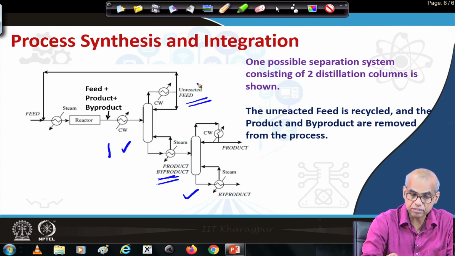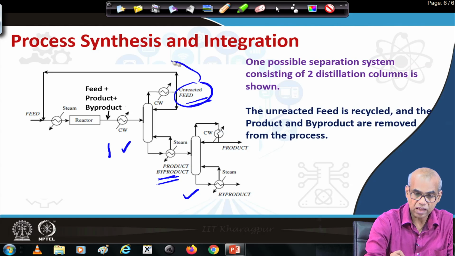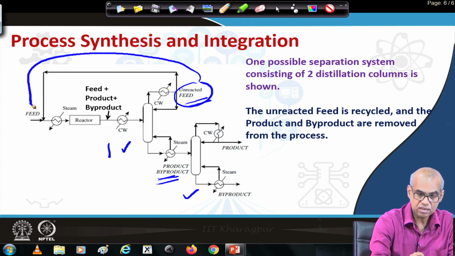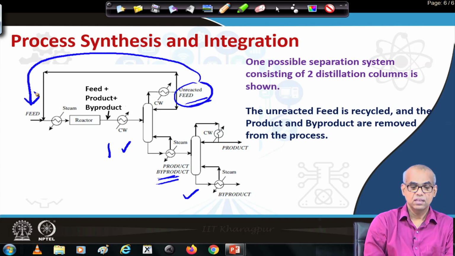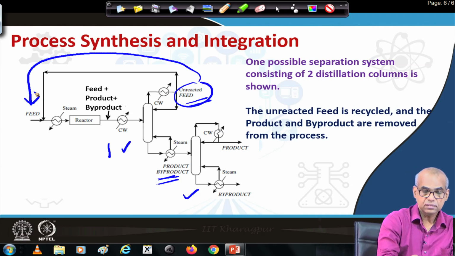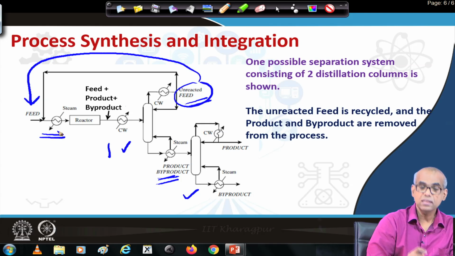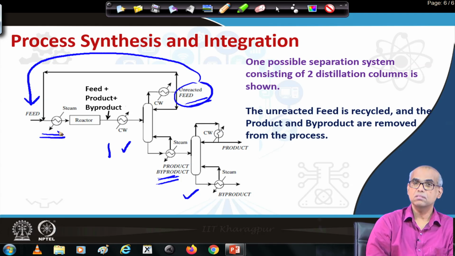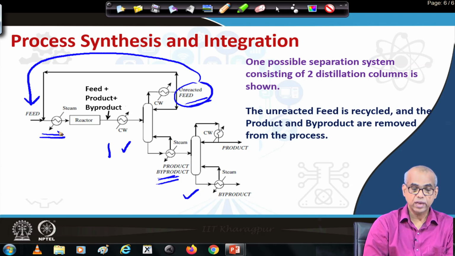This unreacted feed is recycled to the reactor. So, it mixes with the feed, and note that there is a heat exchanger, because it may be possible to take the feed stream to an appropriate temperature to heat up before entering the reactor.